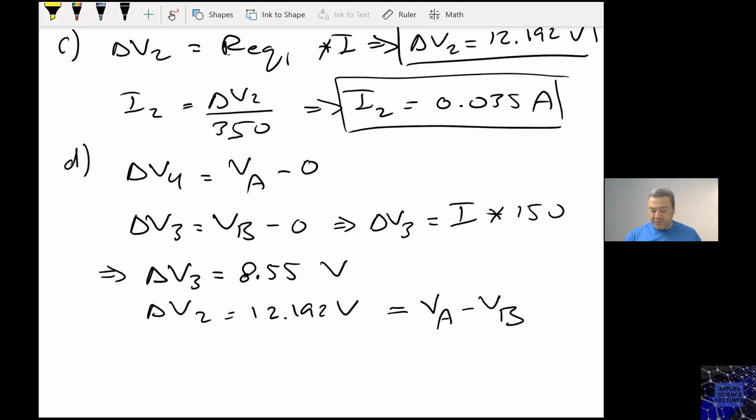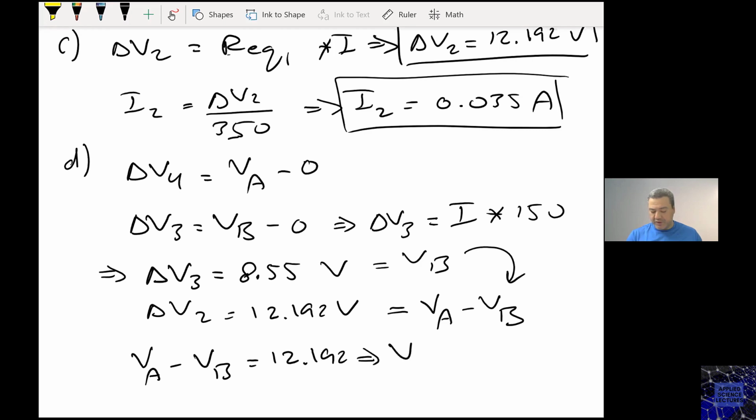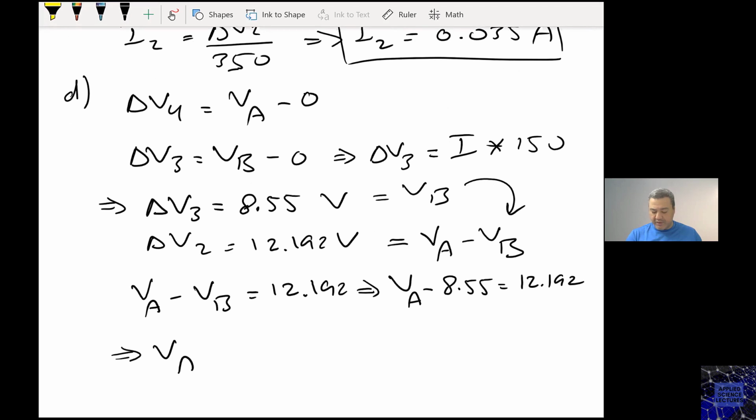And I know here that this is also VB. Then take this one, substitute it here, then I have VA minus VB equals 12.192, or VA minus 8.55 equals 12.192, and VA is 20.74 volts.